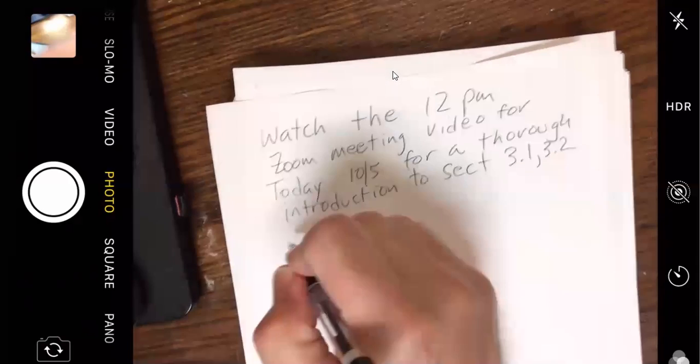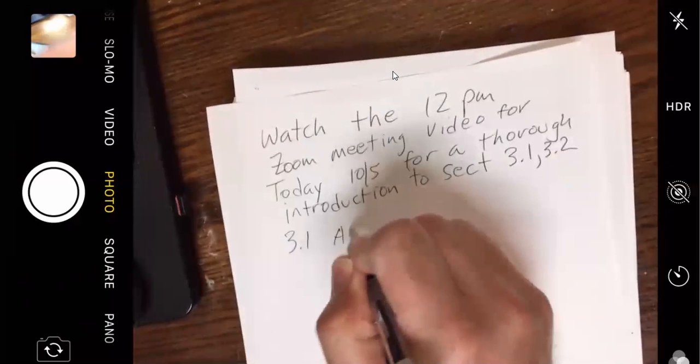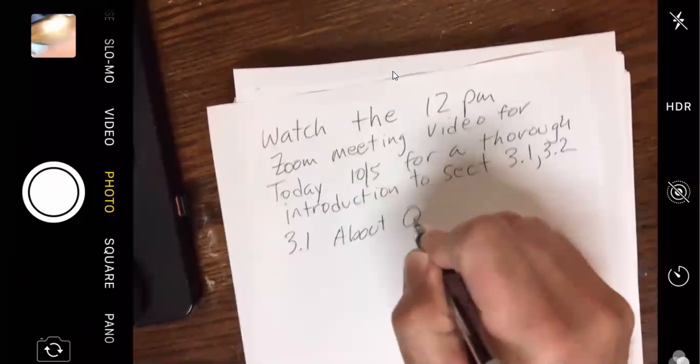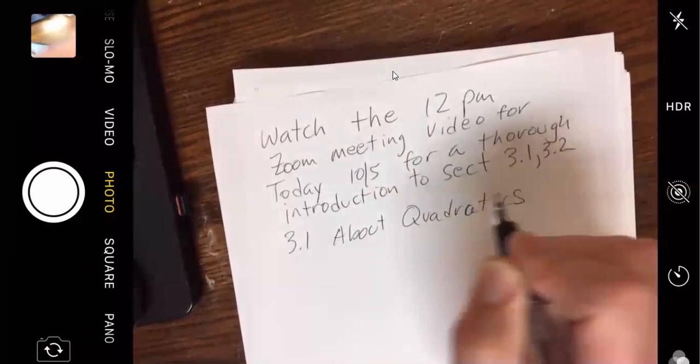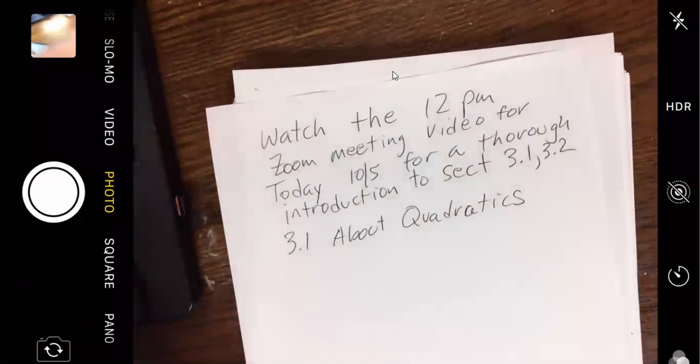So section 3.1 is about quadratics. I'll work a different problem, if somebody wants to watch and see. How about problem 17?